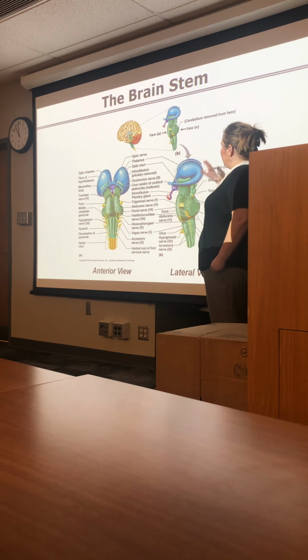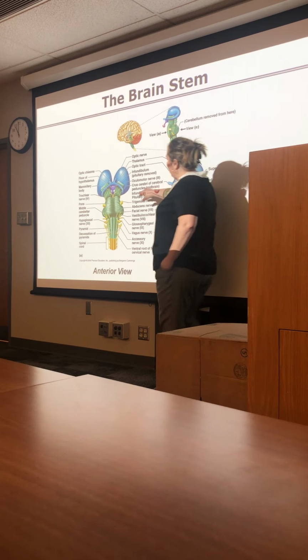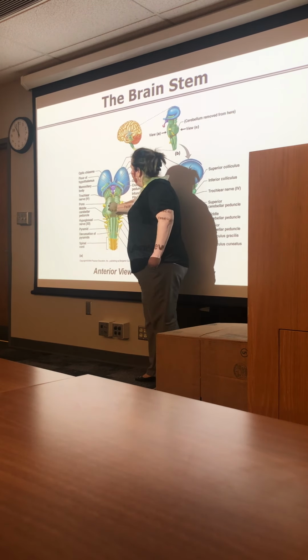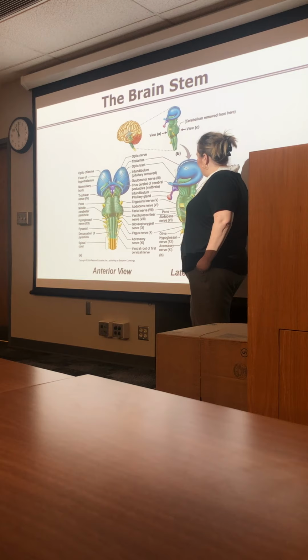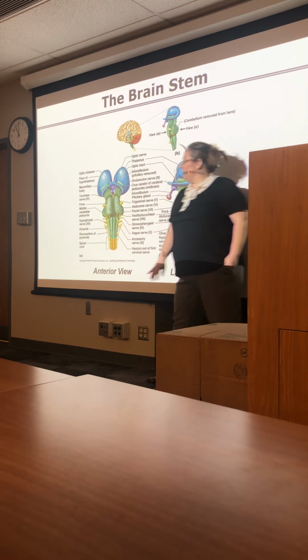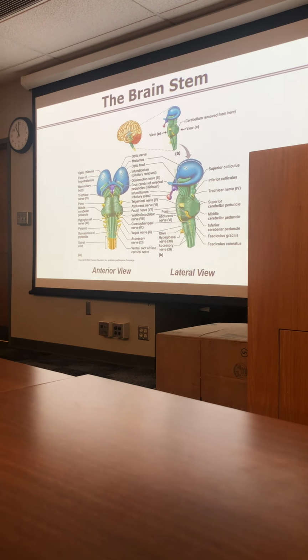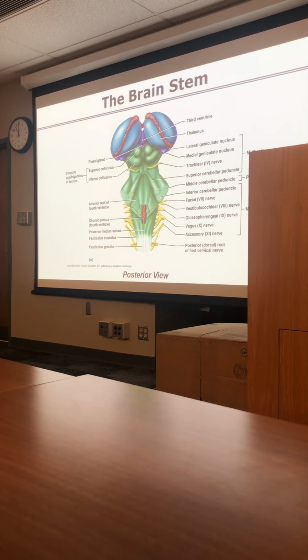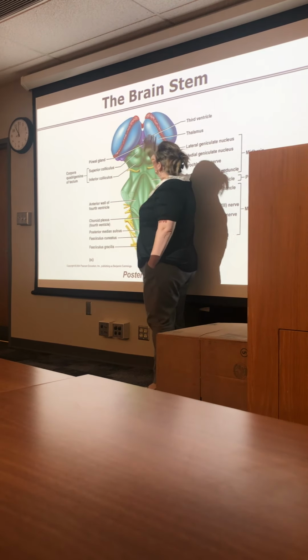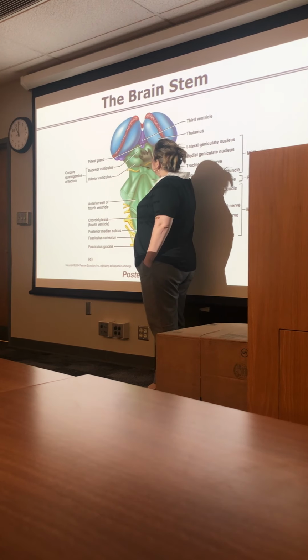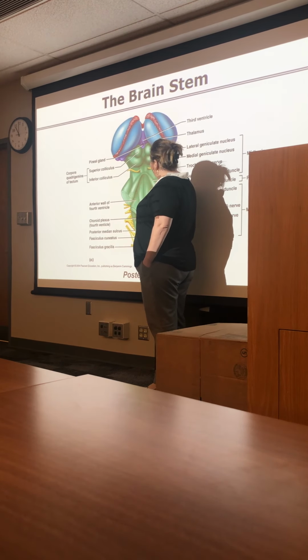And so you can see that that's still sitting on top, but then this is going to be midbrain here, pons, and then medulla, spinal cord. This is a posterior view, and so here's your epithalamus, here's thalamus, and so this is going to be midbrain, pons, and medulla.